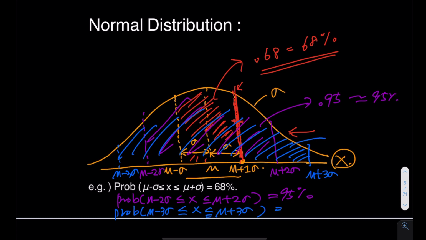In that case, this is actually 99.74%, almost 99.7%. You don't have to memorize it, but these three values are kind of a special case. Many times when you solve a lot of problems again and again, you will just automatically remember these values.